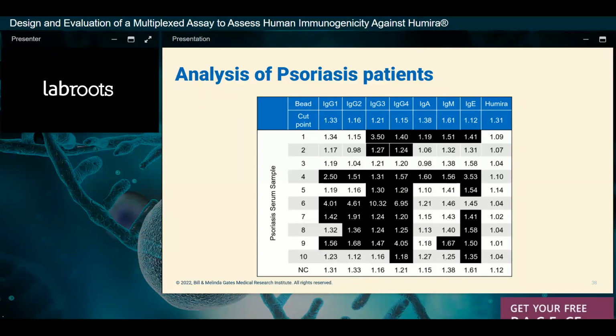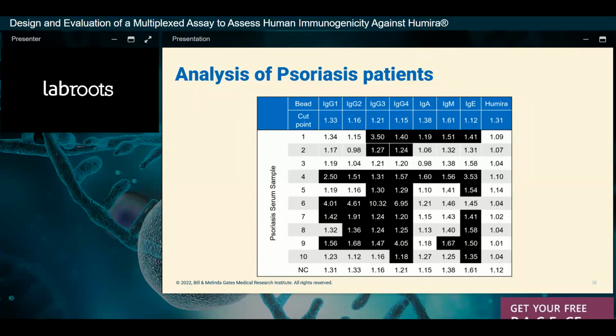And what you're seeing here, if you just look at the Humira cut point 1.31, you can see that none of them were positive, at least at this point, for anti-drug antibodies to Humira. But we did get some positives from these different psoriasis patients that were above these different cut points.